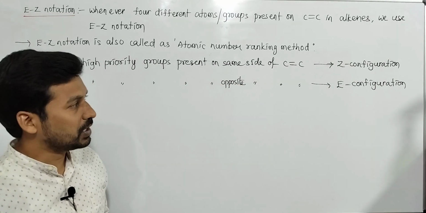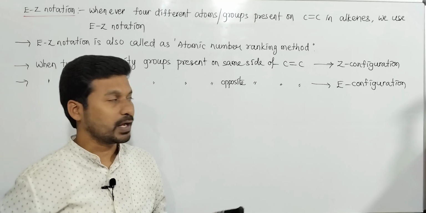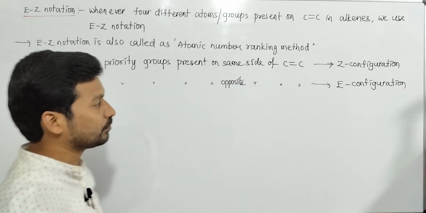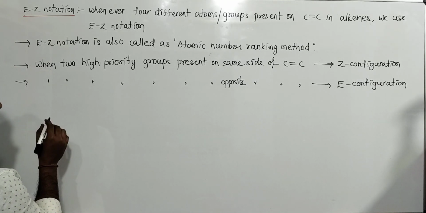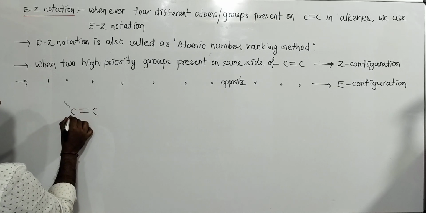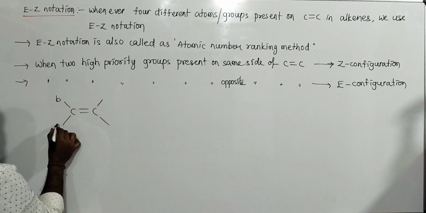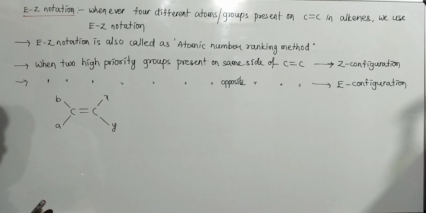Z means Zusammen, E means Entgegen. Zusammen means same side, Entgegen means opposite side. See, I will take a general example. If you take A, B, X and Y, just an example, not atomic number ranking.